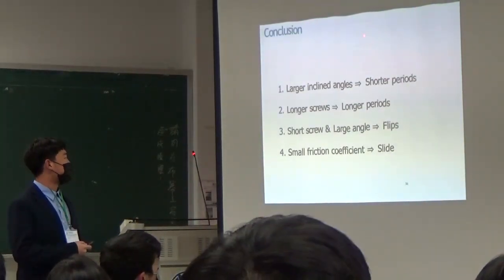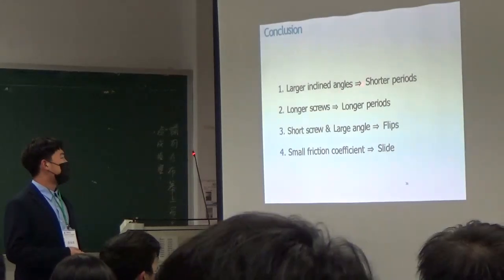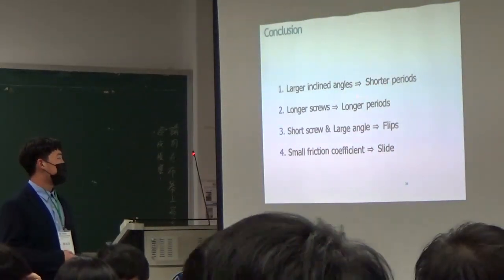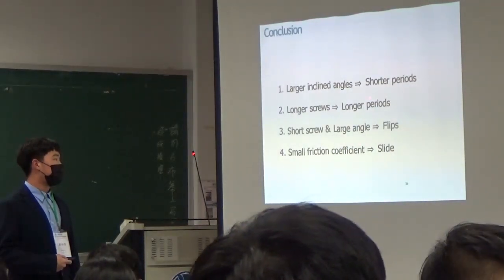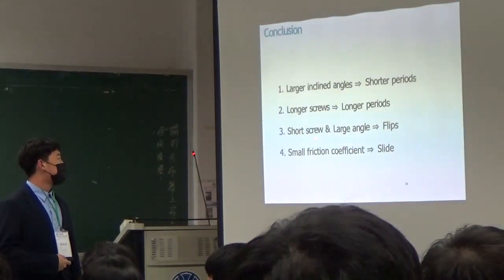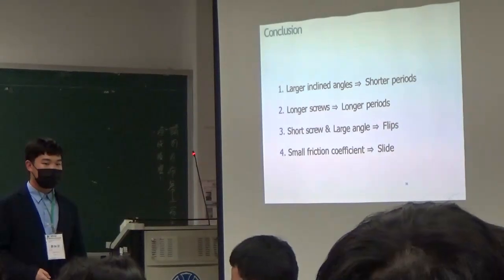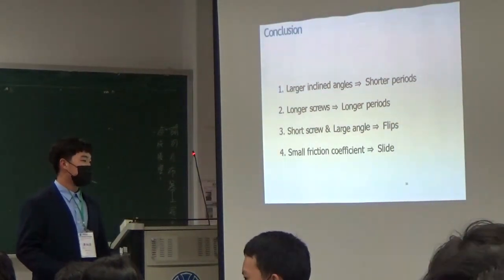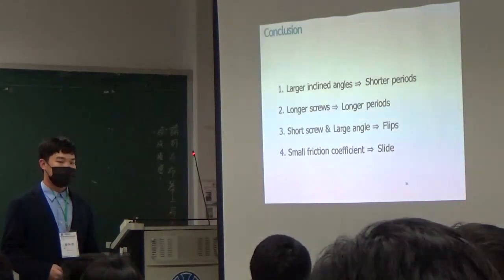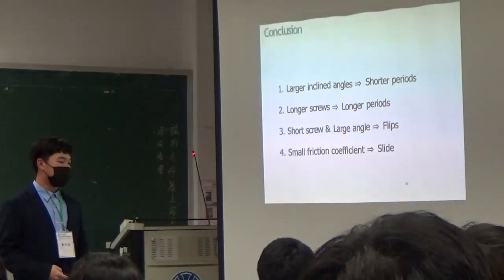And we can get that large inclined angles will have a shorter period, and a longer screw will have a longer period. A shorter screw and large angle will flip, and a small friction coefficient will slide when in motion.